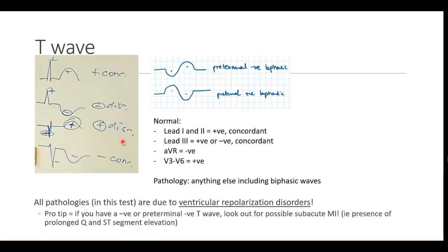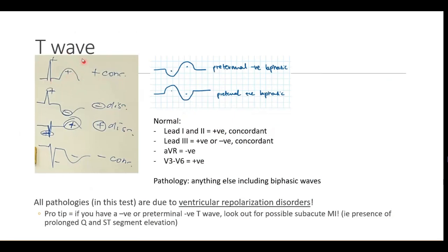Now we have the T waves. They are pretty easy to identify. Here is what it should normally be like. Lead 1 and 2, positive concordant. What does that mean? Well, the T wave has to be positive, and concordance refers to whether it is on the same side as the biggest part of the QRS complex.